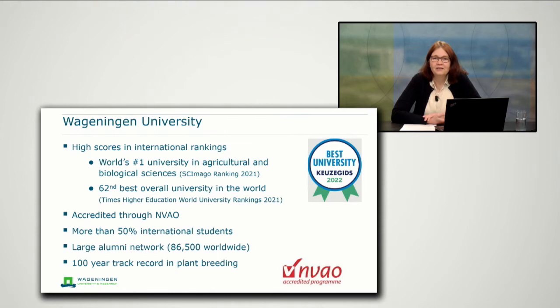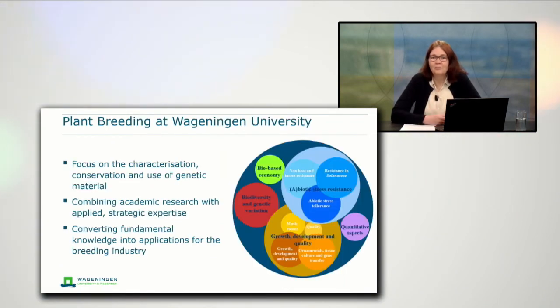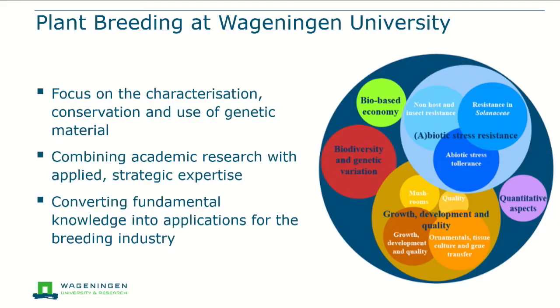In addition to the standings of Wageningen University, plant breeding has also always had high rankings, and it has a 100-year track record in plant breeding. So actually the plant breeding department is a few years older than Wageningen University itself.